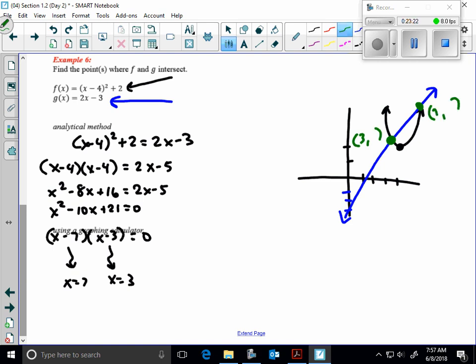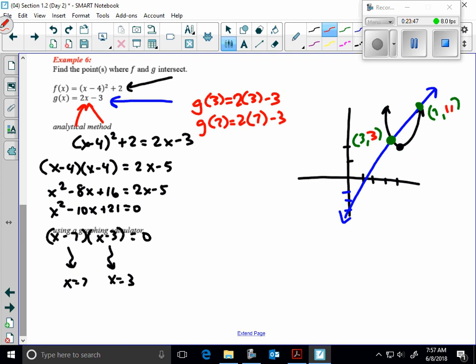And the way that I can find those, since I know that this is where both of these equations are equal, is in for x here, I can plug a 3, and then I can plug a 7. So g of 3 is 2 times 3 minus 3 is 6 minus 3. G of 3 is 3. And g of 7 would be 2 times 7 minus 3, which is 14 minus 3, which is 11.